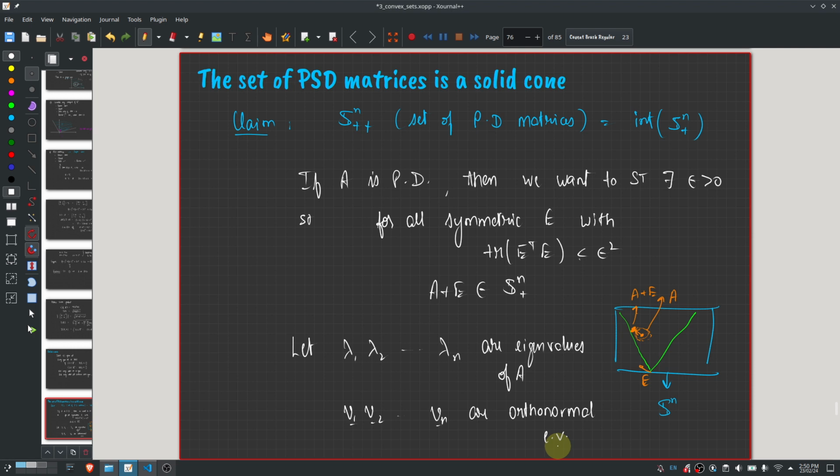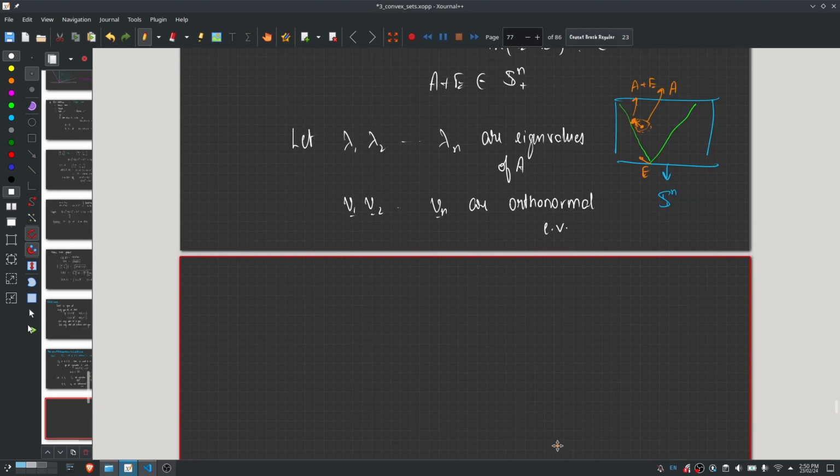Okay, and let me also assume that lambda min is the minimum eigenvalue of A. So lambda min is the minimum over all i of lambda i. It's the smallest eigenvalue.